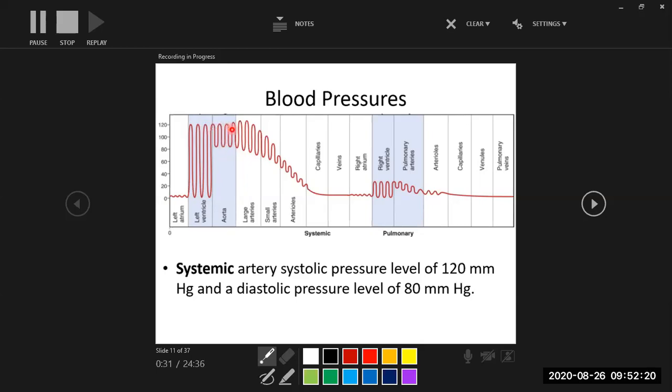So the highest one is called the systolic pressure. The lowest one is diastolic pressure. When we measure the pressure, though, we measure the large artery around the arm, and that's very similar to the one we can get from the aorta. So in a normal person, the range is 120 to 80. So that's the normal range.